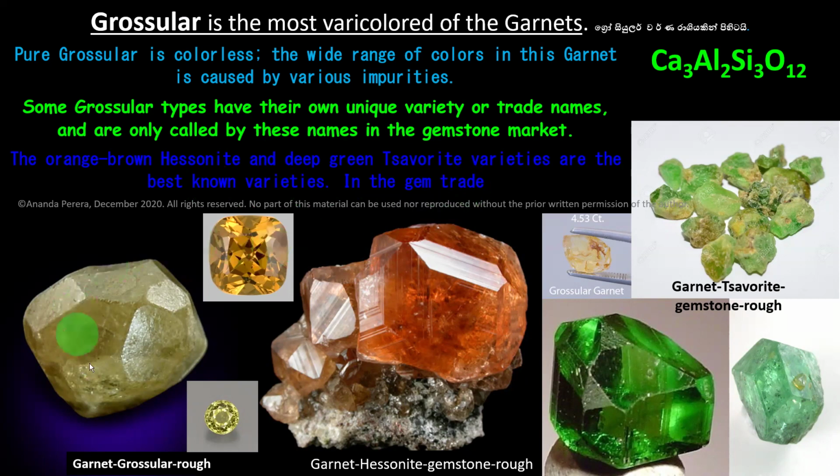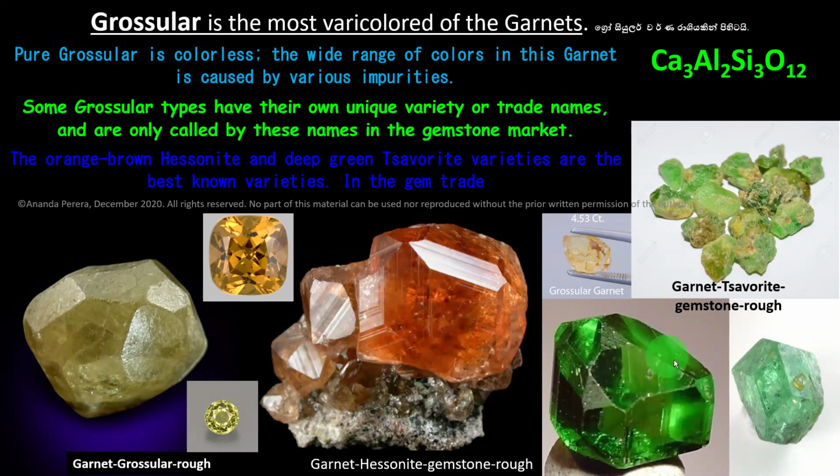Now look here. Polar grossular family. Garnet grossular rough. This is rough. Look at the shape, the crystal shape of the garnets. See the color. Garnet hessonite, gemstone rough. Look at the shape of the garnet crystal.